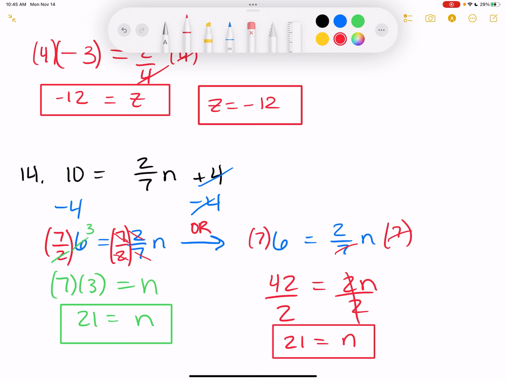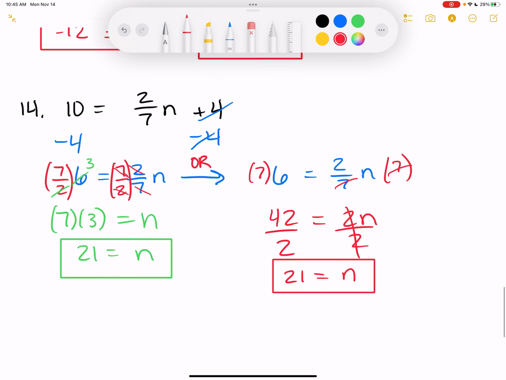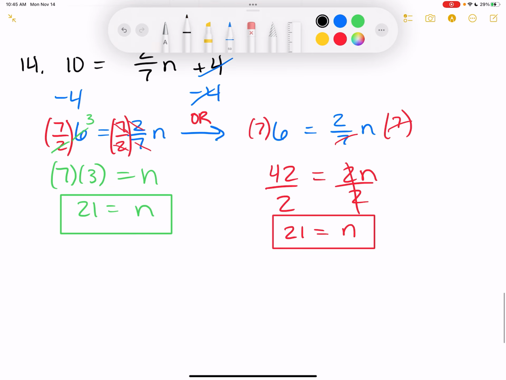All right, and then the next ones are the ones where we have to combine like terms first and then solve. So 16, 2p plus 7p equals 54. So what do I do next?